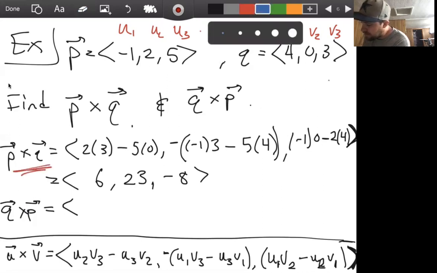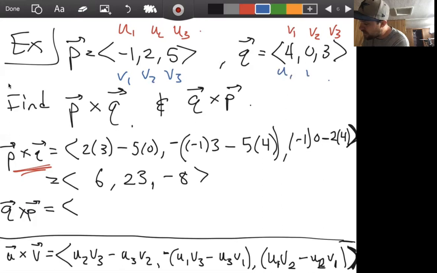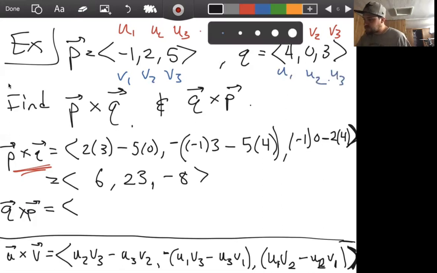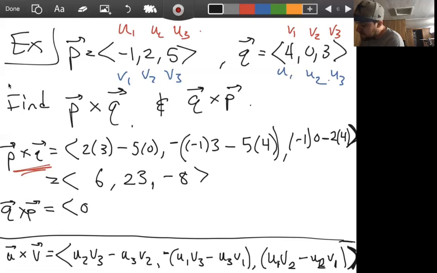Now let's abide by the blue ones. So now P is V1, V2, V3, and Q is U1, U2, U3. And so if we do this, let's see what we get. We get U2 V3. U2 is 0 in this case, so it's going to be 0 minus U3 V2. And so that's minus 2 times 3.